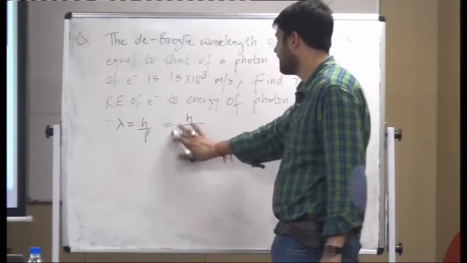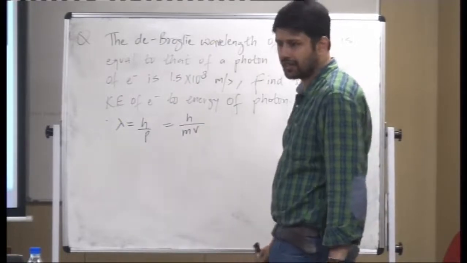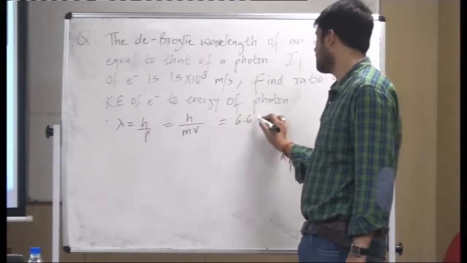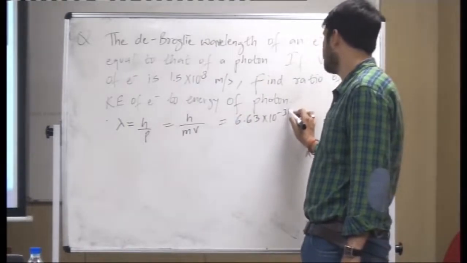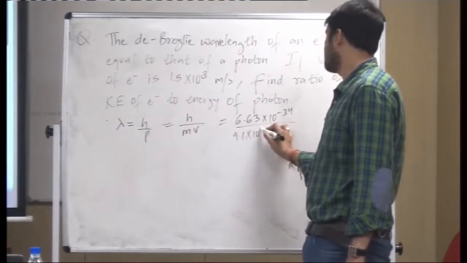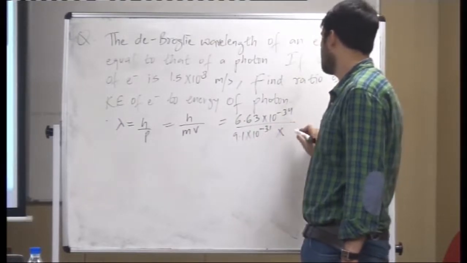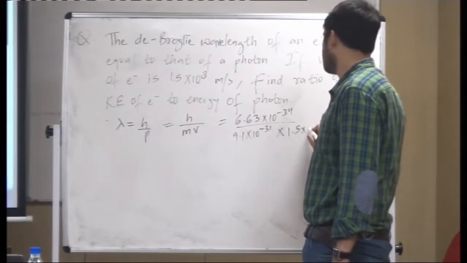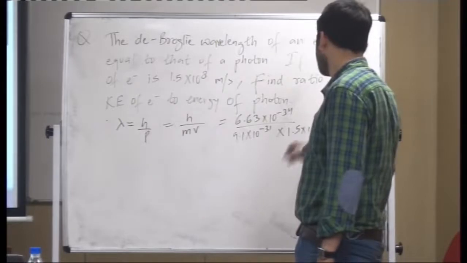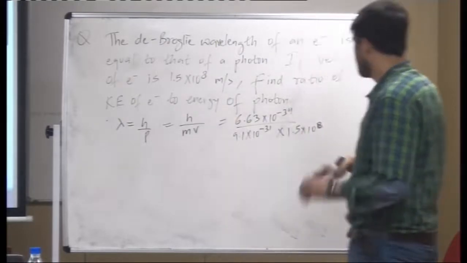You can find the value of lambda from here: 6.63 into 10 raised to power minus 34 upon 9.1 into 10 raised to power minus 31 into v, which is 1.5 into 10 raised to power 8, sorry, not negative, it's 10 raised to power 8, right?